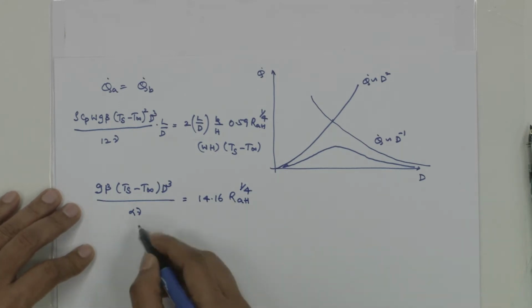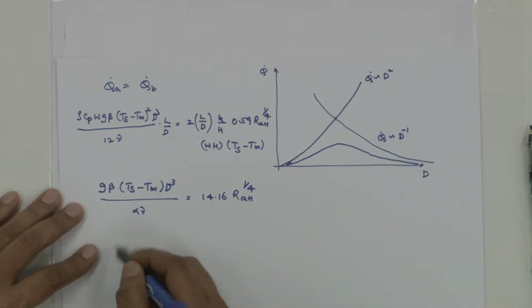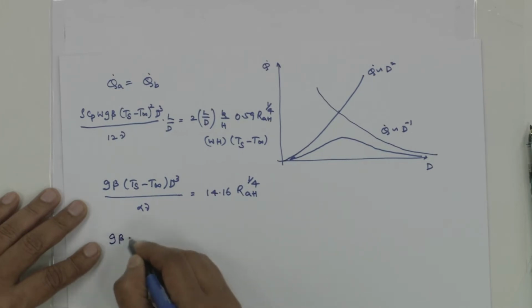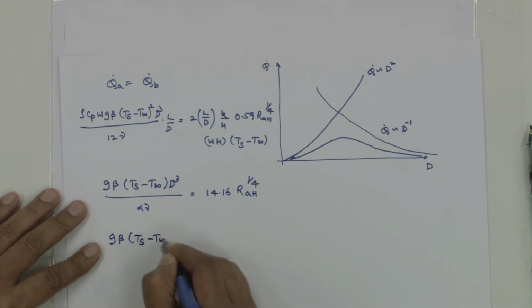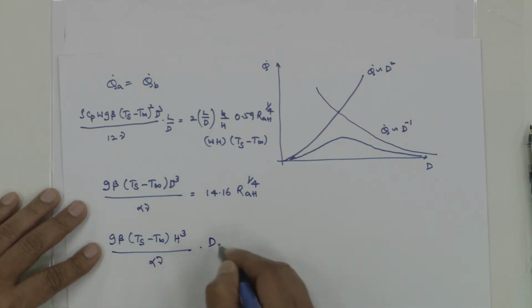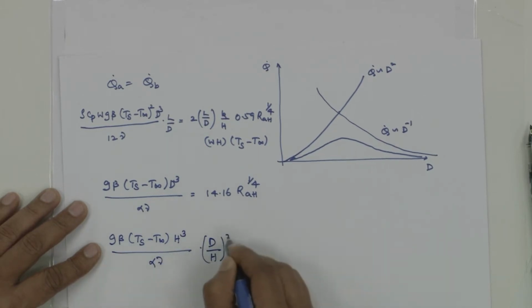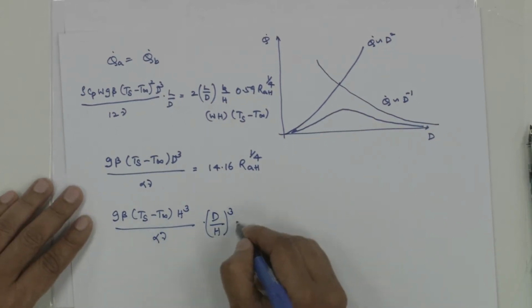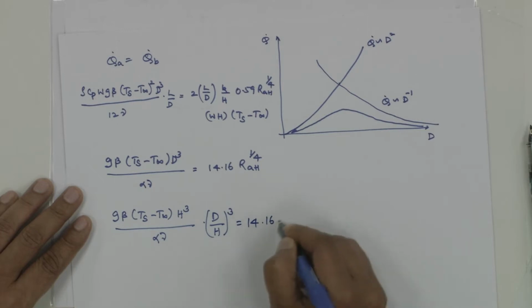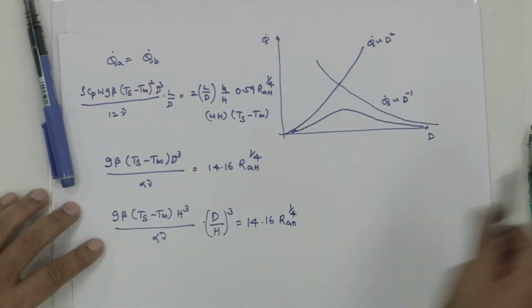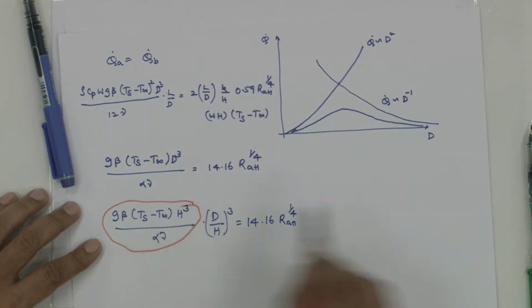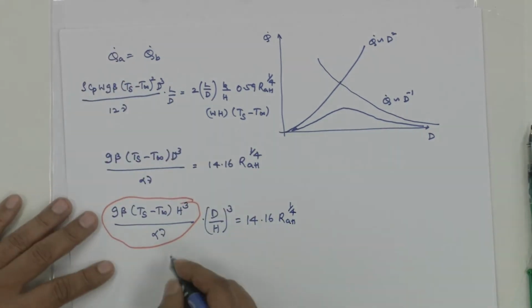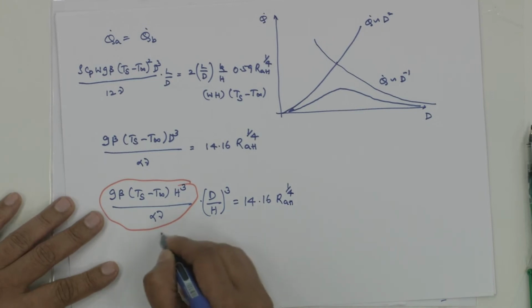Now what is this? If I write g beta (Ts minus T infinity) H cube upon alpha nu into (D by H) whole cube, I have just multiplied and divided by H cube. So this is equal to 14.16 Rayleigh number to the power of 1 by 4. The whole of this combined gives Rayleigh number.